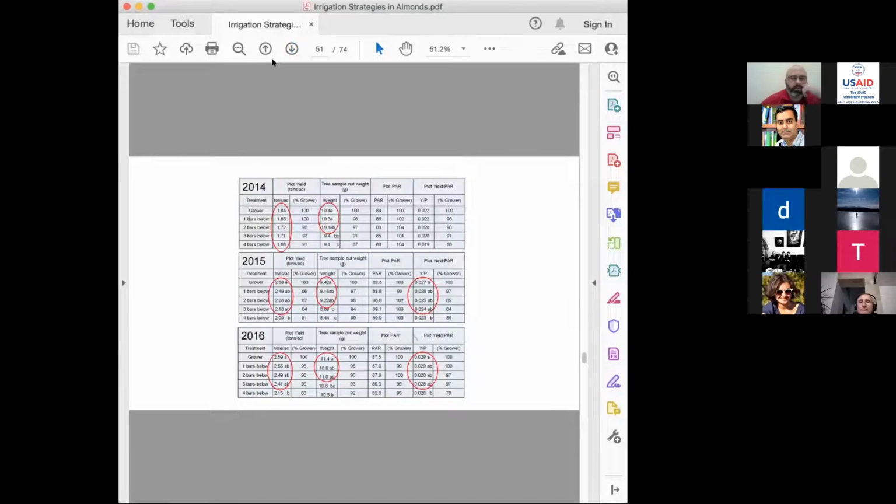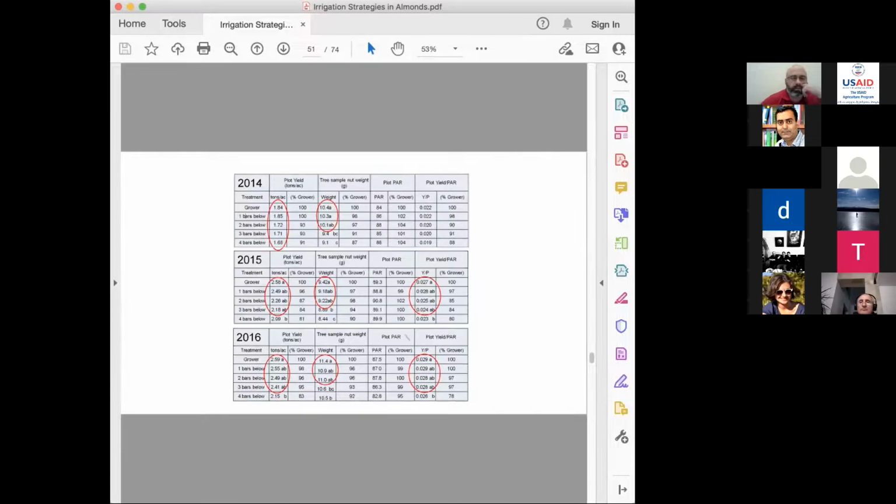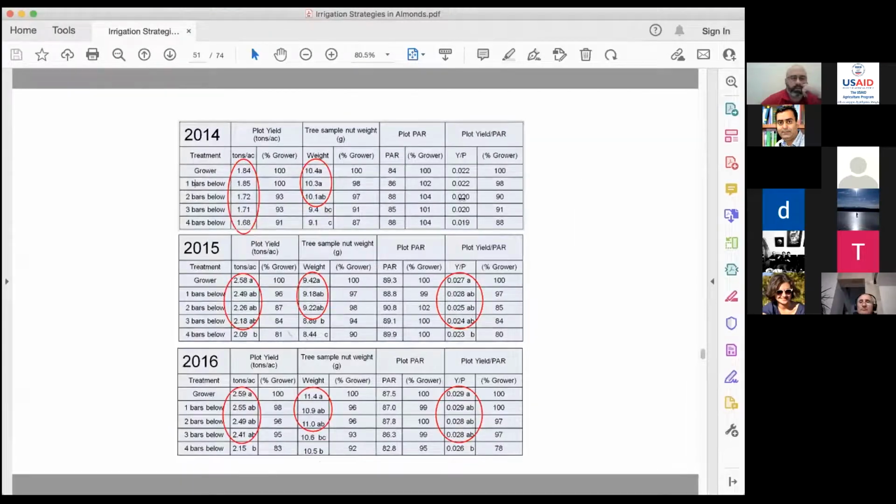So this is an almond production function study. If you decrease the application of water on a per acre basis compared to the full water demand, this is the plot yield in tons per acre.